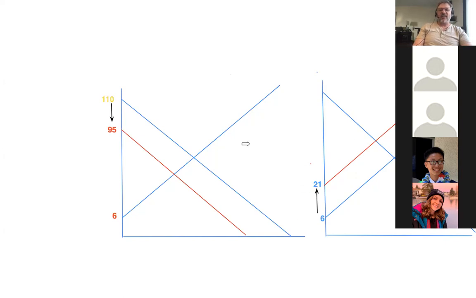So the next thing to notice is, and I'll try to do it here. So this is our new equilibrium in green.